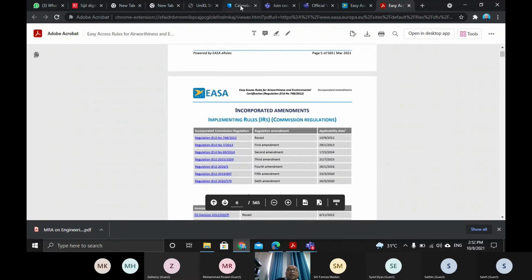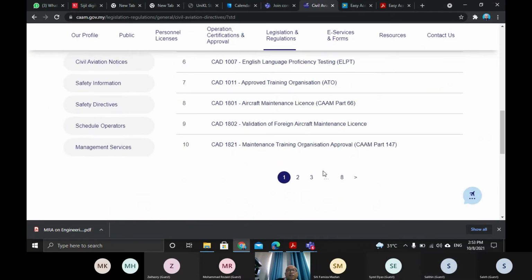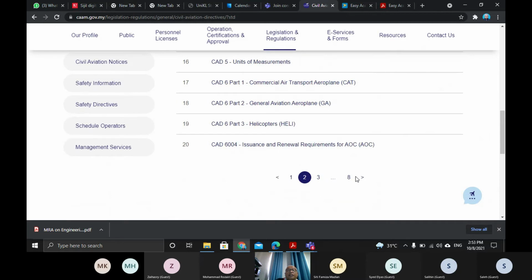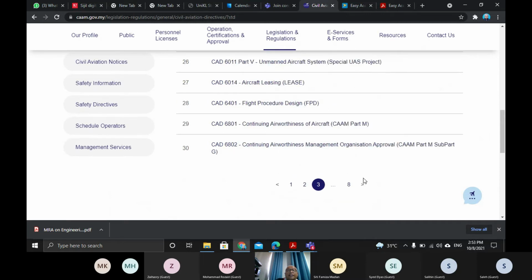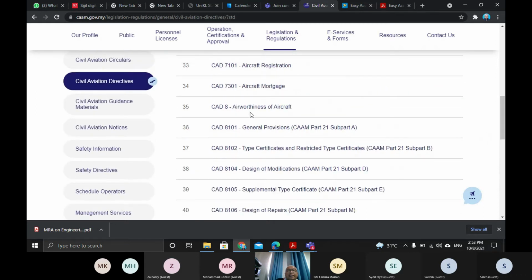Okay, now let's go back to the CAM website. Our interest is more on aircraft airworthiness. You go to CAT 8. You can see CAT 8101, General Provision, same as Part 21 Subpart A. Ingat tak apa Subpart A?